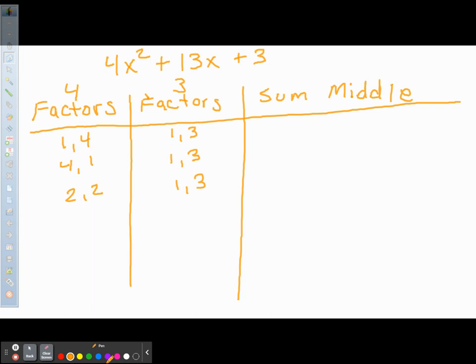And then you have 1 times x, which is 1x. Okay, what's 12x plus 1x? And that's what you want the middle term to be, 13x. So it's this factor here that works. So these other ones, you can erase them, mark them out, and this one here will be your answer. The 4x plus 1 times x plus 3.